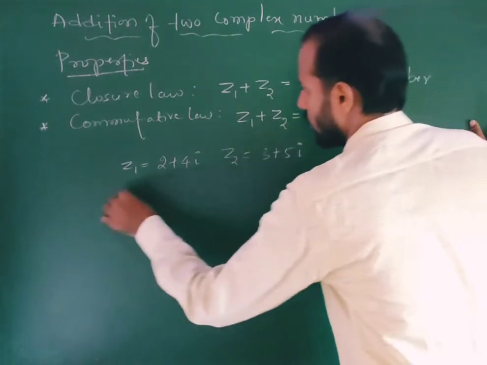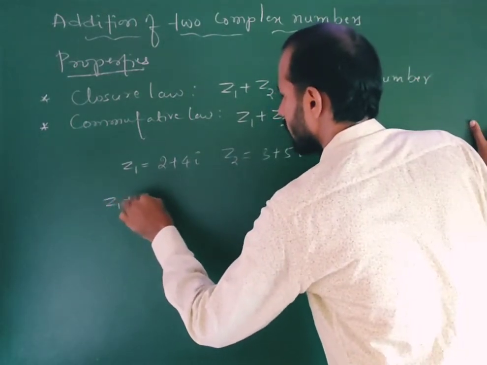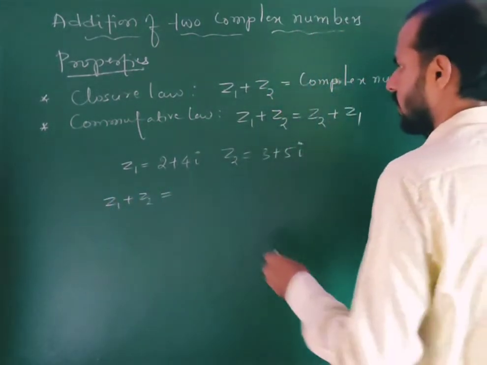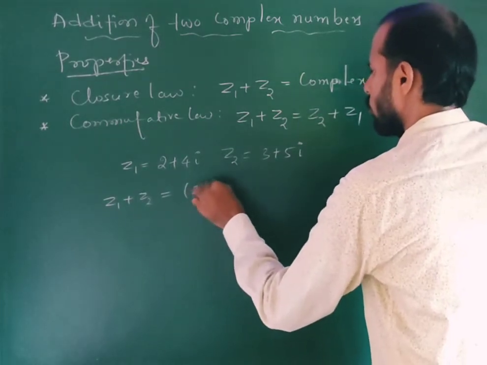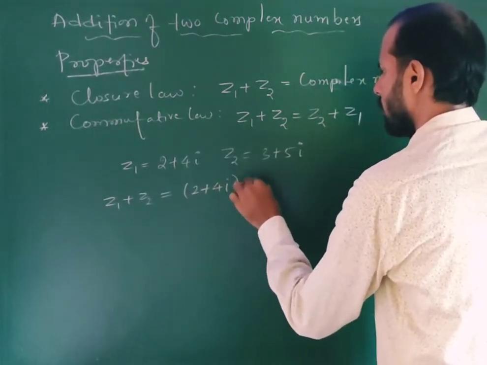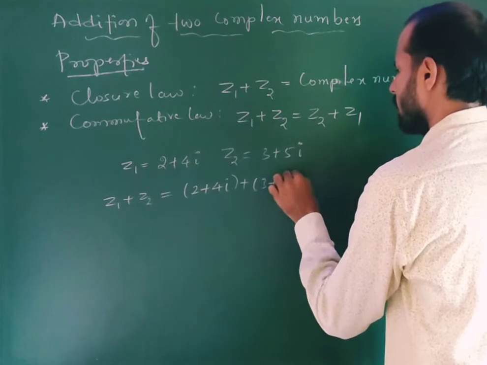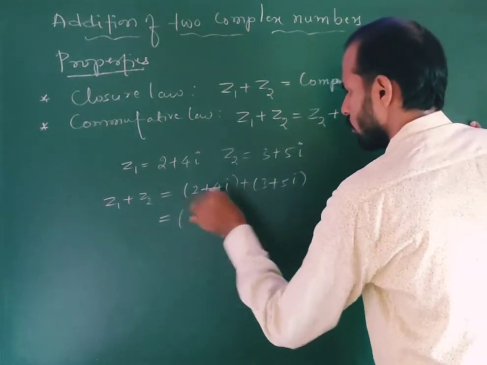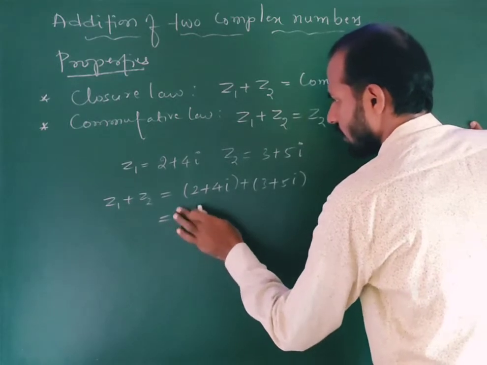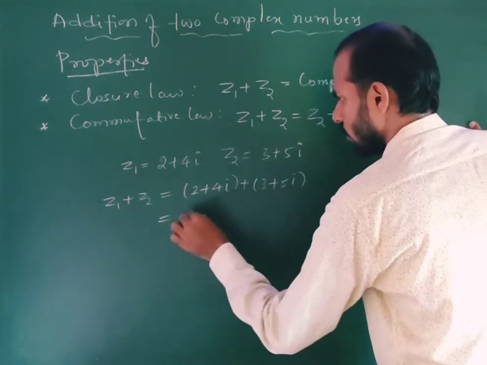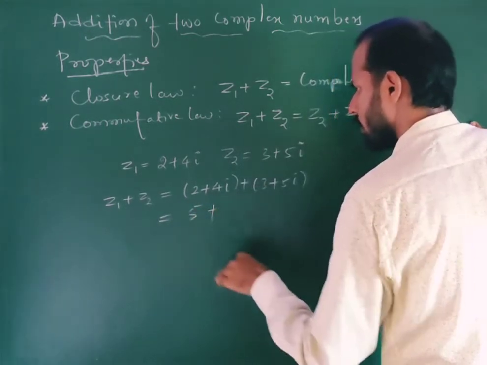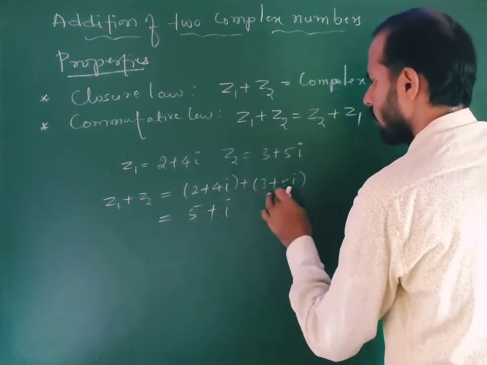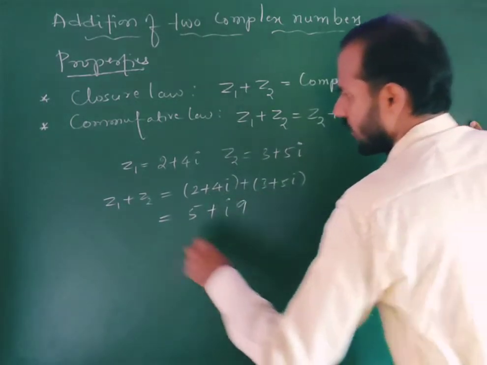Now Z1 plus Z2, we have considered LHS. 2 plus 4i plus 3 plus 5i. Therefore the real part, 2 plus 3, is 5. I am writing directly here. 2 plus 3 is what? 5 plus i outside. 4 plus 5 is 9. It is Z1 plus Z2.